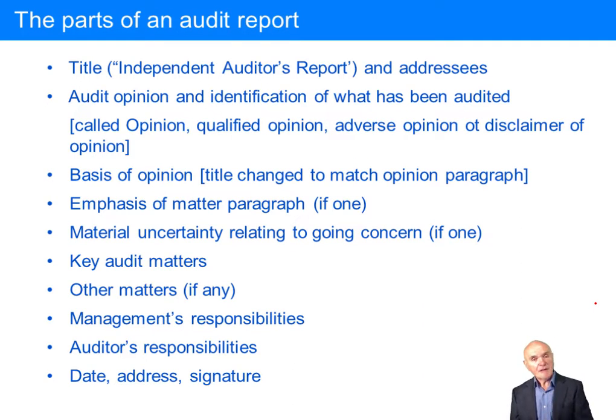Then, after the basis of opinion paragraph, you have what's called an emphasis of matter paragraph, if there is one. Again, you'll see this in the next chapter, but I'll tell you here, an emphasis of matter paragraph draws readers' attention to something which is already and properly disclosed in the financial statements. It could be, for example, saying, by the way, after year end, the factory burnt down.